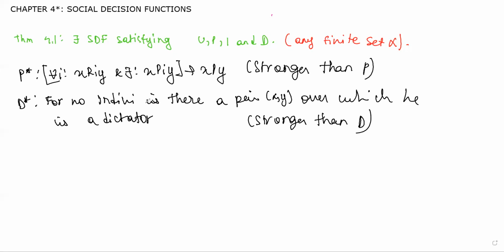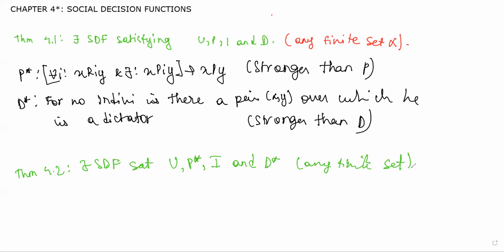Which gives us our next theorem, theorem 4.2, which is that there exists an SDF satisfying U, P star, I, and D star for any finite set. Right? Proof: the same collective choice rule is to be used.